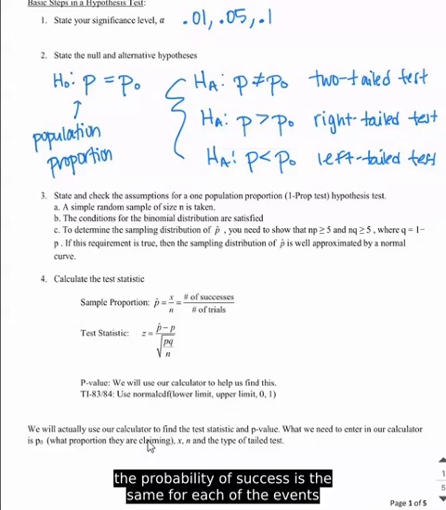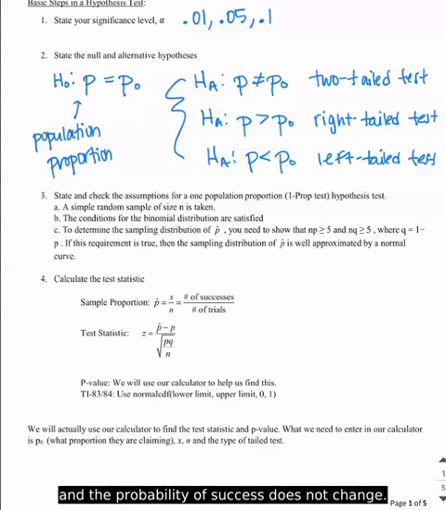The probability of success is the same for each of the events, and the probability of success does not change. So again, that's the independence.